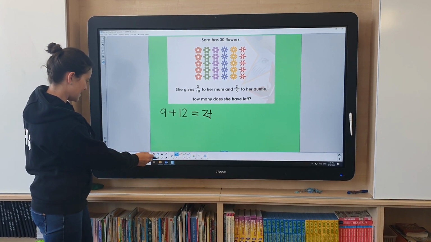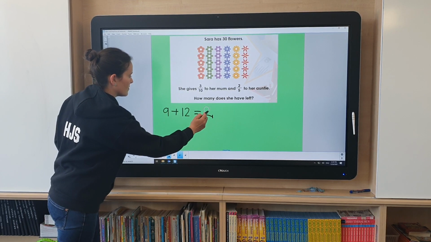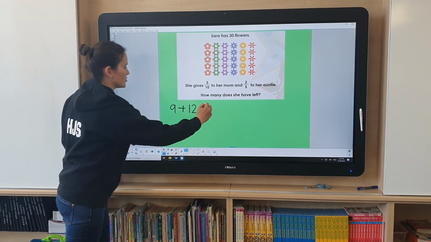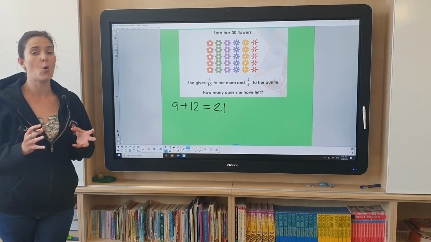Might just make that a little bit clearer for you. There we go. 9 plus 12 gives us 21. That is the amount of flowers that has been given away.